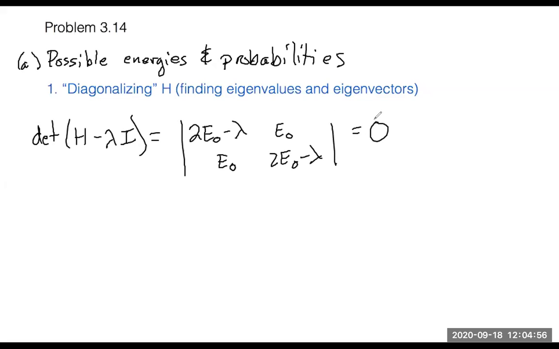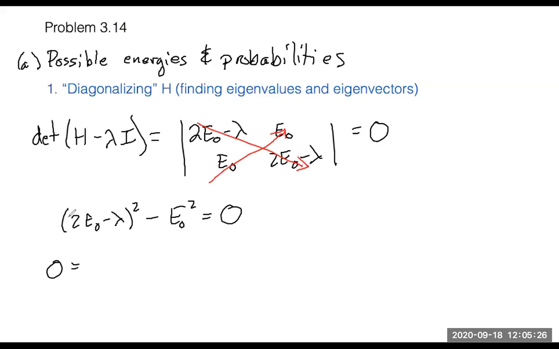And remember that this has to be equal to 0. To find the determinant, remember we go down this first diagonal and then subtract the product of going back up the off diagonal. So I am going to end up with 2E naught minus lambda quantity squared minus E naught squared equals 0.